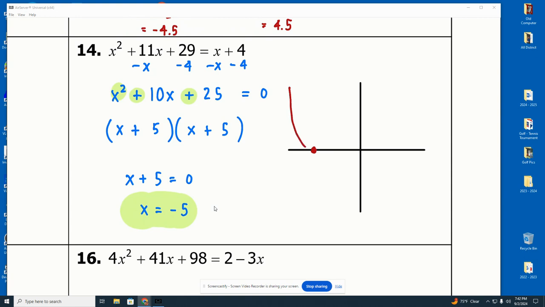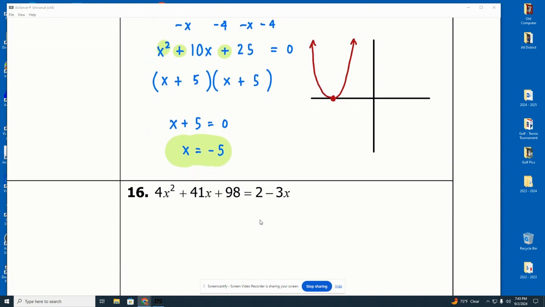It's coming down and it's hitting it, and then it's going right back up. So how many times would this cross the x-axis? Well, none. It only touches it. It actually doesn't cross it and go back up. It just touches it right at -5. So -5 is my answer with what we would call a multiplicity of 2. And we'll talk about that later.